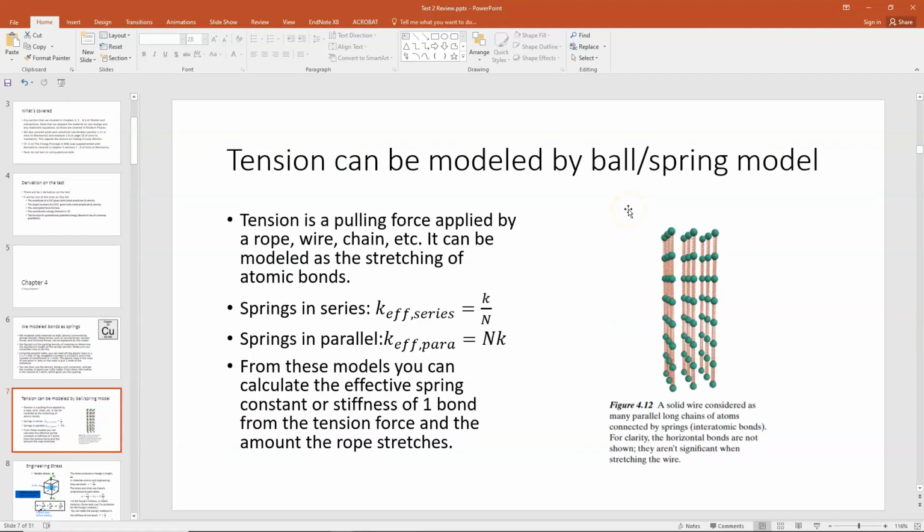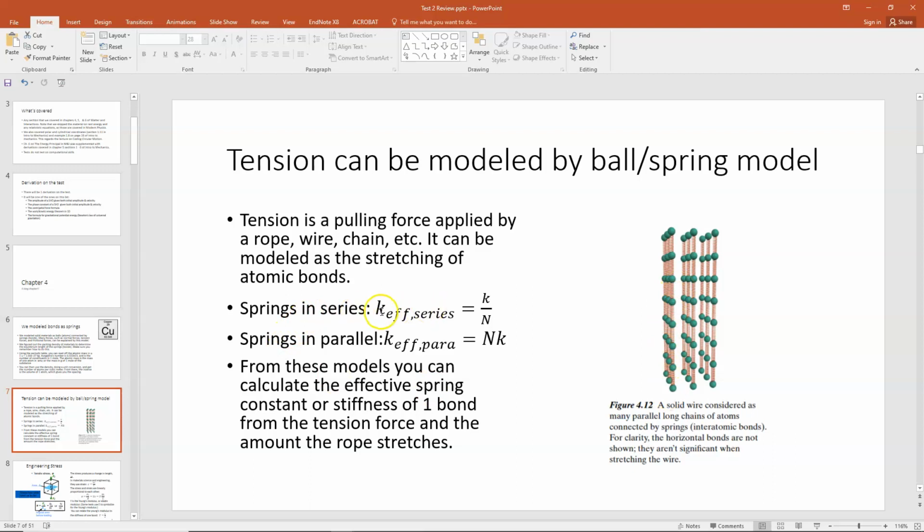Okay, now the first thing that we modeled was tension, and we explained the tension force by talking about the ball-spring model. Remember that tension is a pulling force that can be applied by a rope, wire, chain, something like that. And you can model it as the stretching of atomic bonds using Hooke's law. So to do this, we talked about springs in series and in parallel. So if you think about it, each one of these little chains of atoms is kind of like a bunch of springs in series.